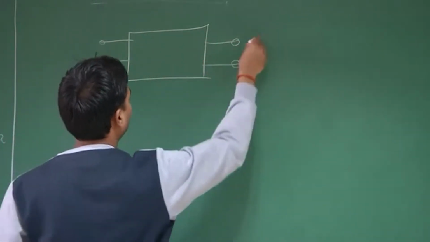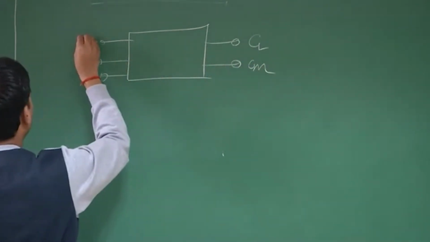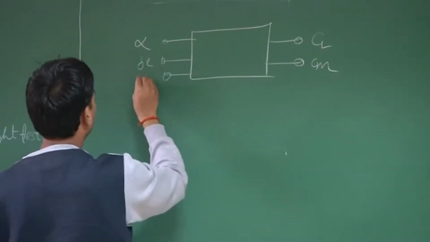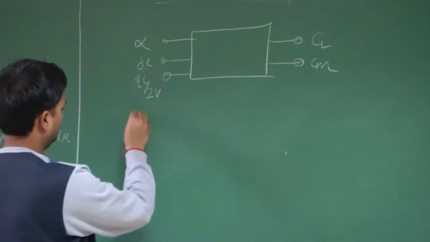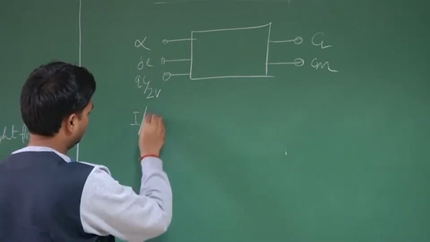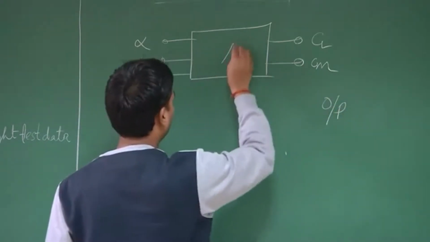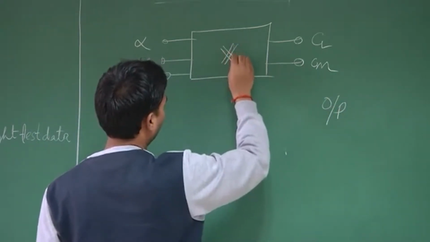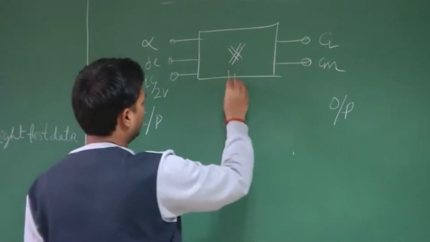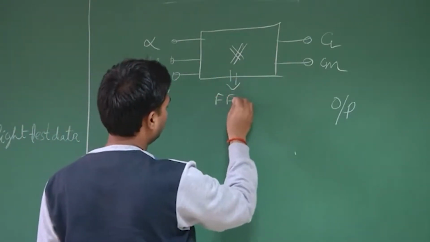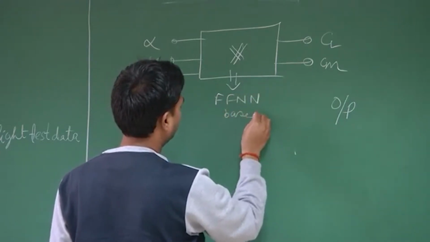In our example, we'll make CL, CM the output, and alpha, delta E, qc by 2 the input. Now you got this model, which was earlier a black box, as a feed-forward neural network based model. You got a trained model.